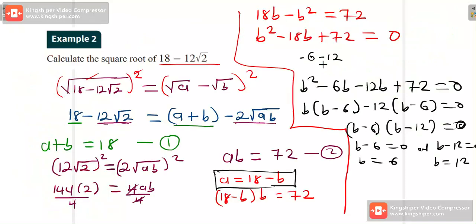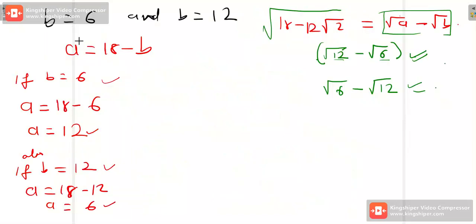So if the question had stated that find the positive square root, then it means that we are going to let A be greater than B. That should be a condition. A must be greater than B. Therefore, the only solution will be this one, because this value is a positive answer where A is greater than B, because root of 12 is greater than root of 6.